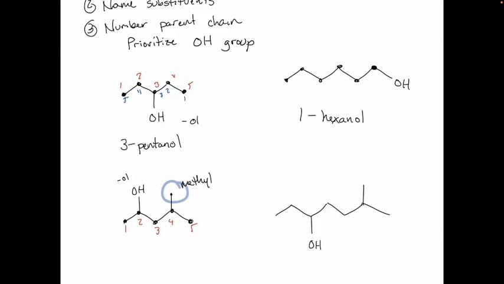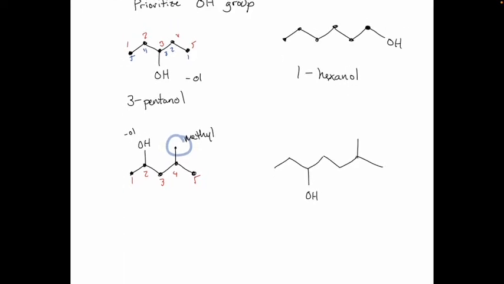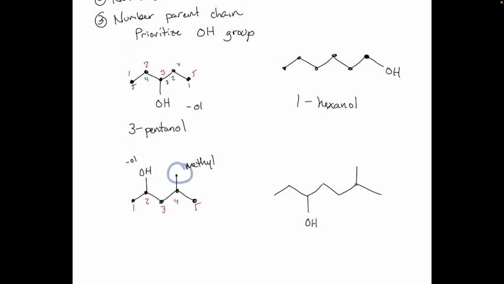I'm only making sure to pick the numbering scheme that gives my OH group the lowest number. I'm still going to include it in the name. So this would be 4-methyl-2-pentanol. I got all those carbons accounted for.